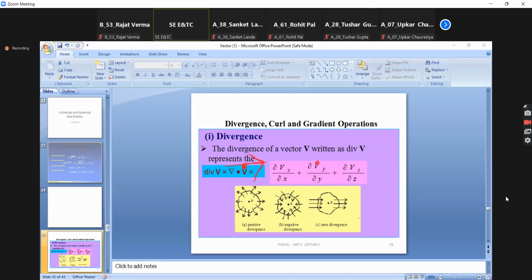What is happening at this point? From this side it is converging, from this side it is diverging.